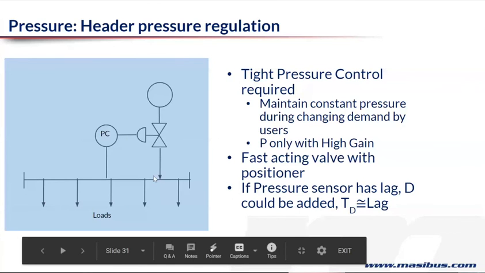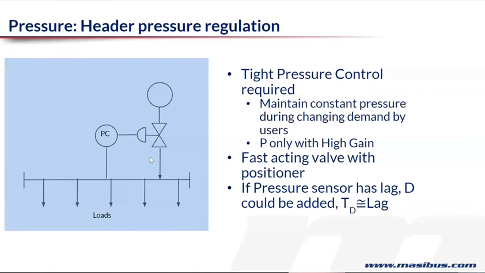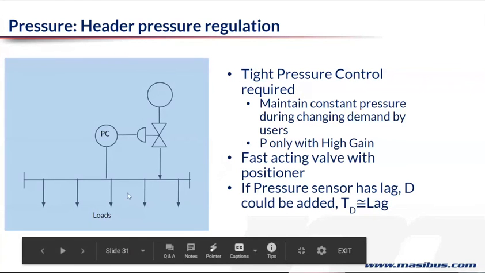Say it's a pneumatic supply, and five people are using that pneumatic supply for different purposes. Now you don't want the change or the usage of one to affect the pressure in the other four. So you want to maintain in the header a very tight control, right?